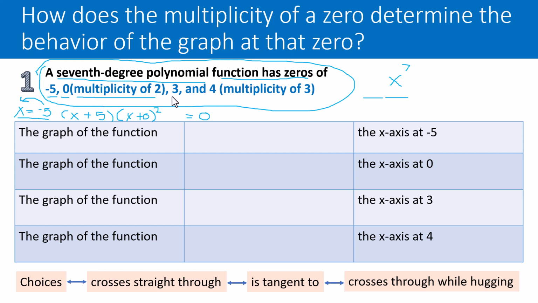We also have a 0 at 3. So this is just going to be just like x equals -5. We're going to write this as x equals +3. And then we would subtract 3 from both sides and write that factor here. Let me move this out of the way or just scratch through it.